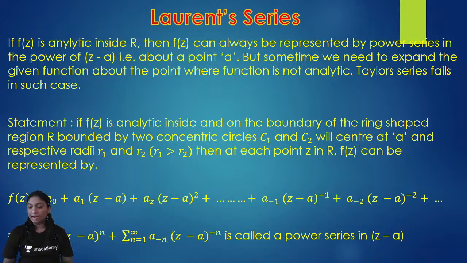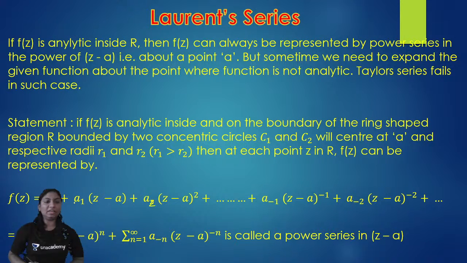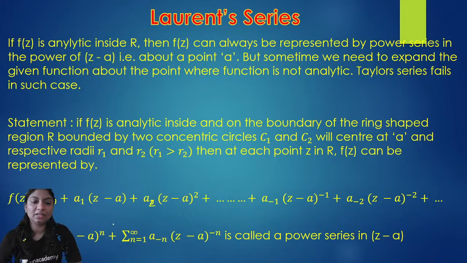But then at each point z in R, f of z can be represented by f of z is equal to a0 plus a1 into z minus a plus a2 into (z minus a) squared plus and so on, a minus 1 into (z minus a) raised to minus 1 plus a minus 2 into (z minus a) raised to minus 2 plus and so on, which is equal to summation n varying from 0 to infinity a n into (z minus a) raised to n plus summation n varying from 1 to infinity a minus n into (z minus a) raised to minus n.